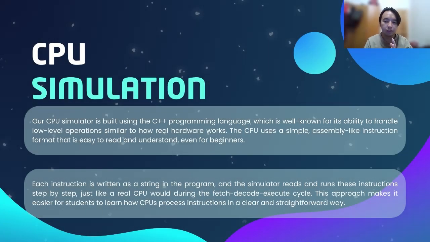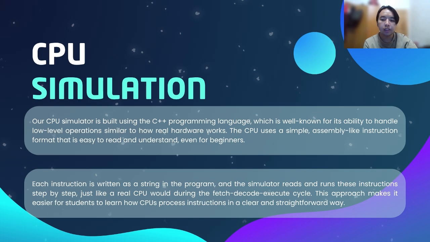Alright, so continuing to CPU simulation, our CPU simulator is built using the C++ programming language, which is well known for its ability to handle low-level operations similar to how real hardware works. The CPU uses a simple assembly-like instruction format that is easy to read and understand, even for beginners.